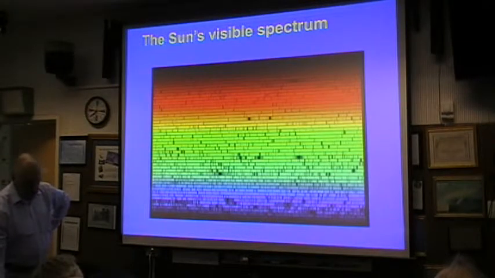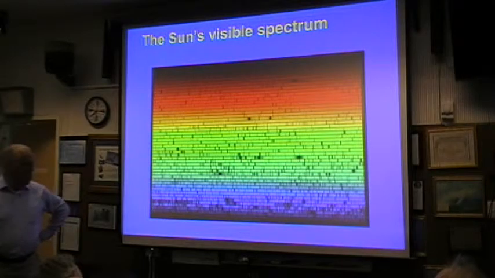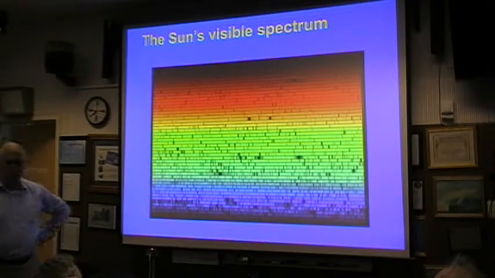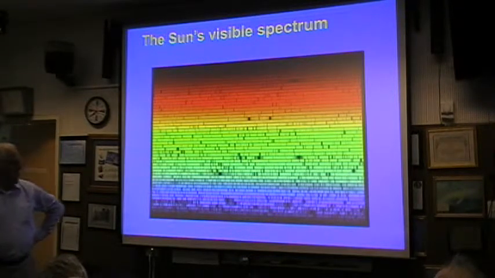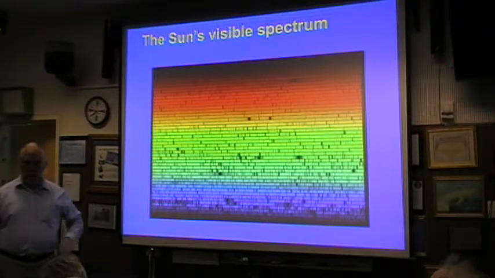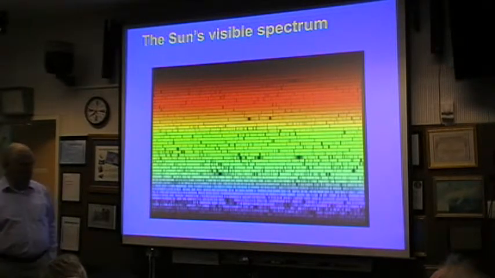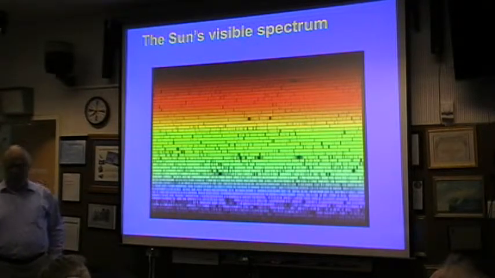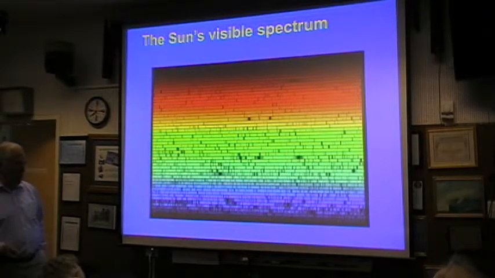If you break their light down through a thing like a prism, then you start to see something interesting going on. You see that lots of bits of it are missing, and they are missing because atoms of different materials in the atmosphere of the star, in this case the sun, are absorbing the radiation, and that is a part of this spectral line process, which we'll go on to in a little bit more detail.